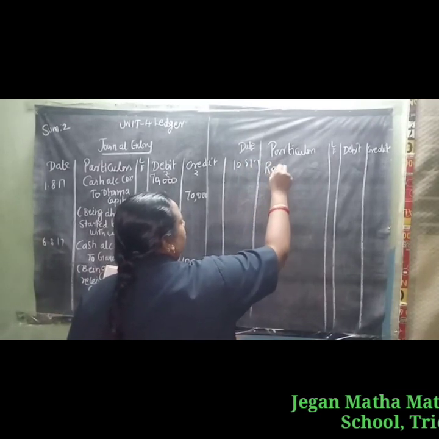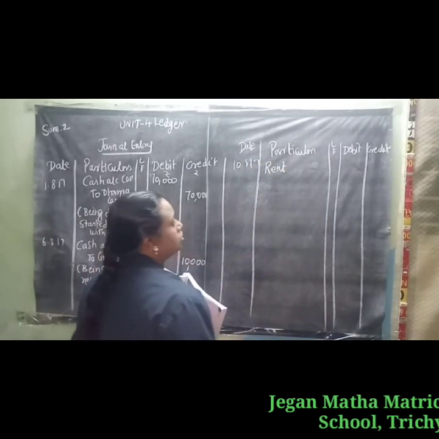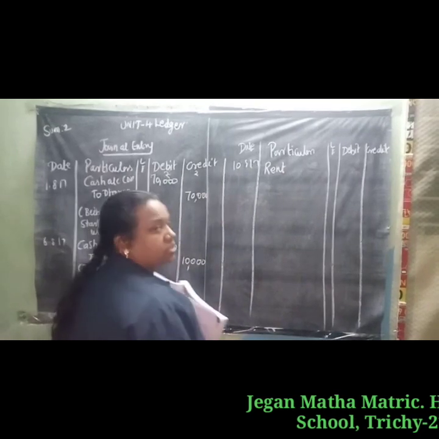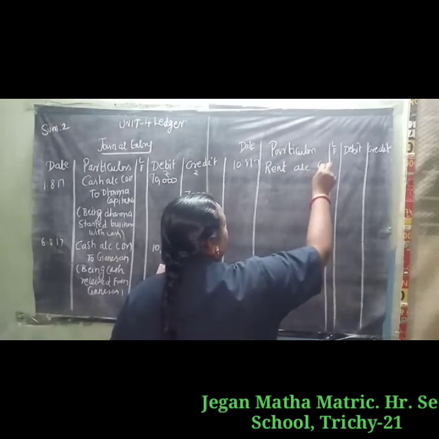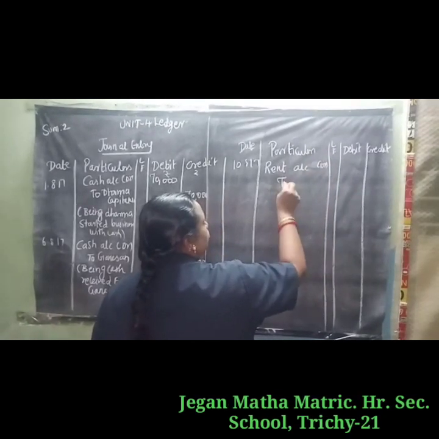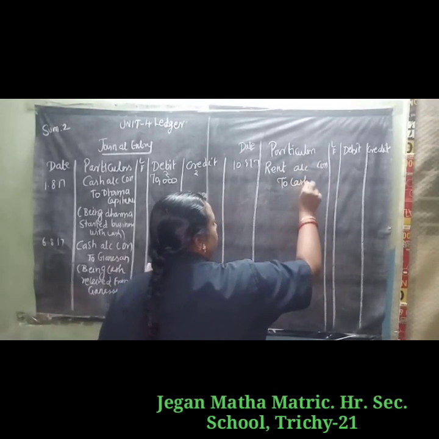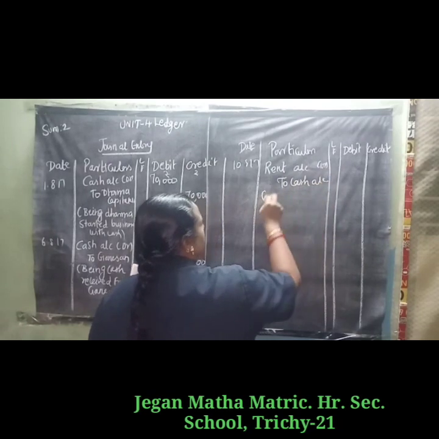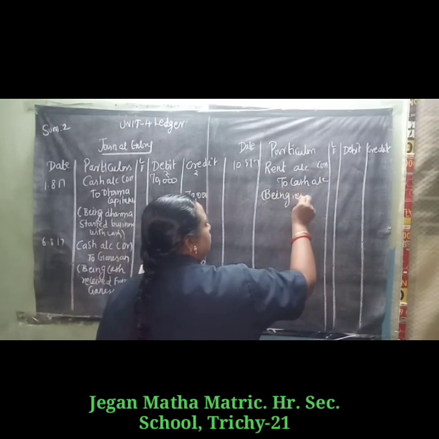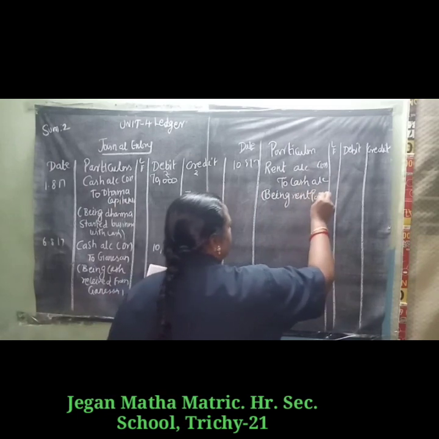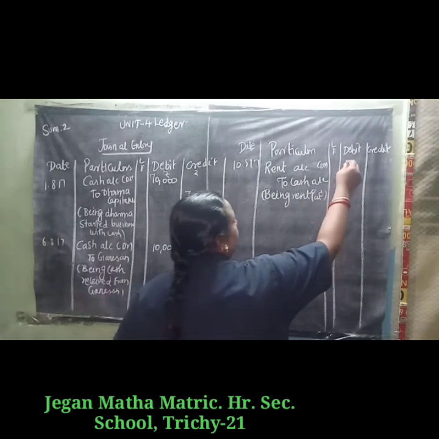Rent is a nominal account. By the nominal account rules, all the expenses and losses are debit. So rent account debtor. What goes out? Cash. So to cash account. Being rent paid. The amount 3,000.